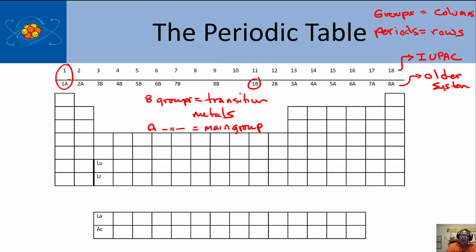So the periods run from left to right, and this is period 1, this is period 2, 3, 4, 5, 6, 7, like that. And we've pretty much filled out all 7 periods of the periodic table. Some of the elements are natural, and some of them are man-made, okay? And if you want to know how that happens, we'll talk about that next semester.